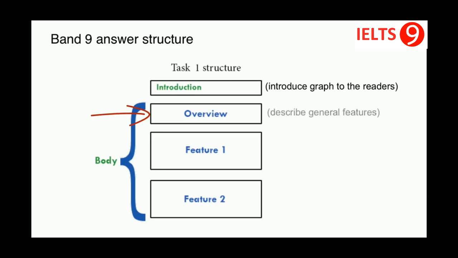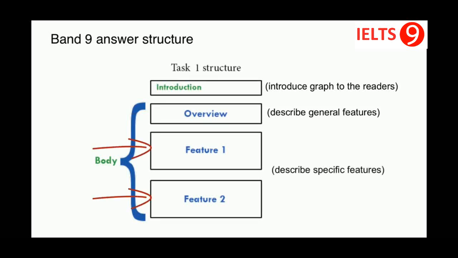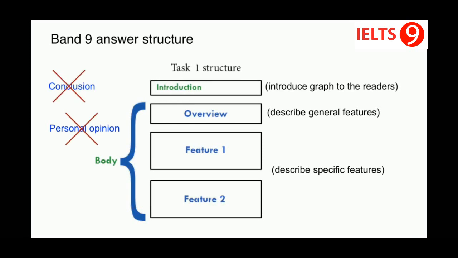There, you should describe some general features of your diagram. After writing the overview, you should describe specific features of the diagram, each in a separate paragraph. Never ever write conclusions or a personal opinion in writing Task 1. Your task is to describe the given data, not to give your opinion. Well, enough generalities, let's start writing our Band 9 answer.